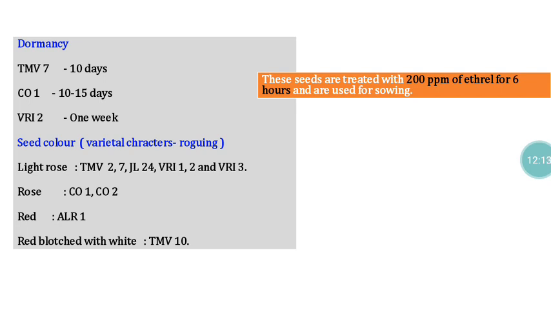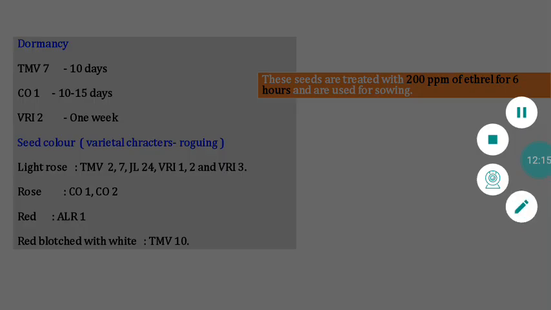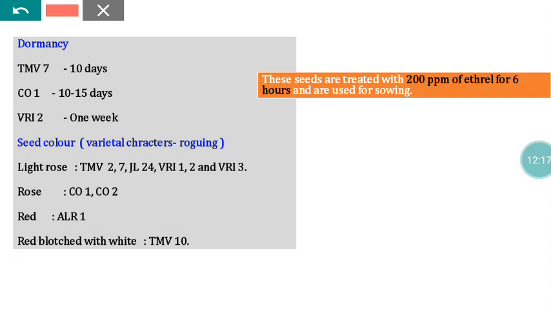Then another thing with reference to groundnut seed is the pericarp, and seeds with different colored pericarps are available. In some cases the pericarp, that is the outer covering, is light rose in color. Examples are TMV2, 7, JL24, VRI1 and 2, and VRI3. In those cases, light rose kernel color, and some other varieties like CO1 and CO2 have rose kernels.